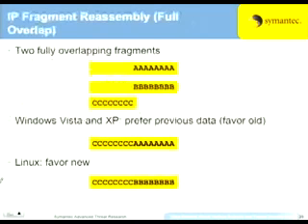Again, IDSs will have to adapt. Here's one example. You've got two fully overlapping fragments, A then B. In this case, XP and Vista will both prefer the old data, whereas Linux will prefer the new data.